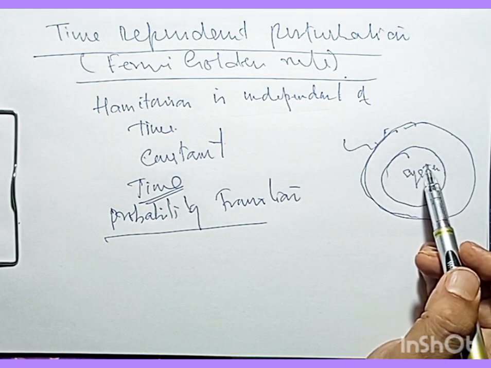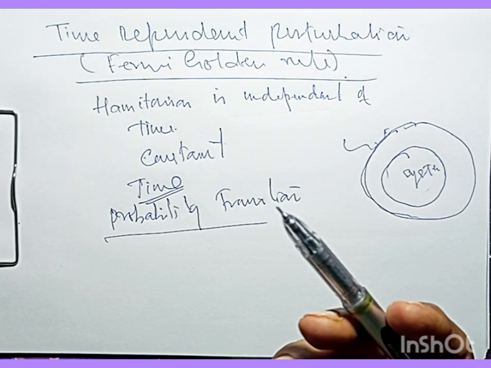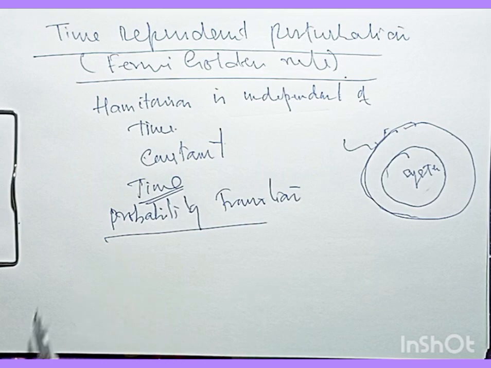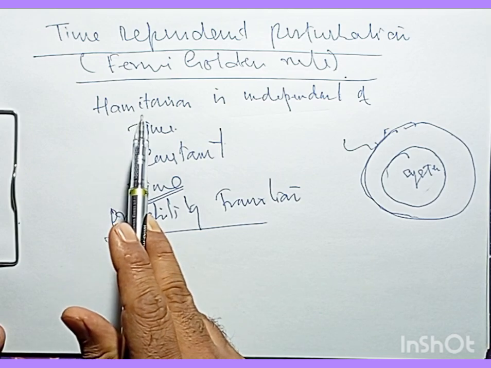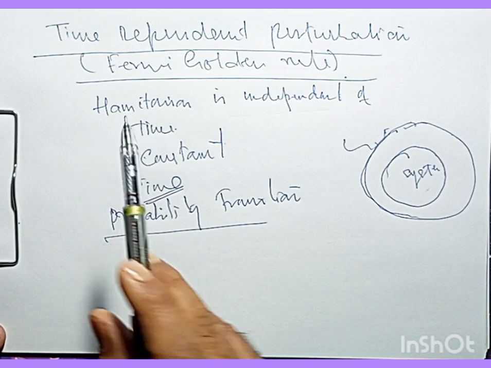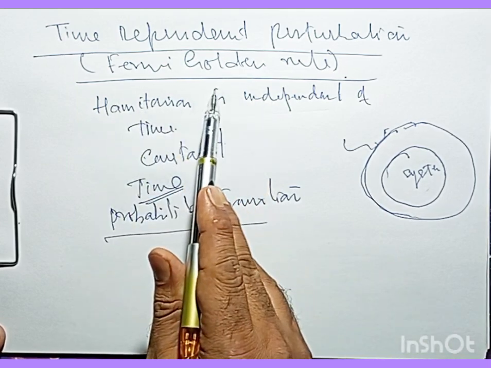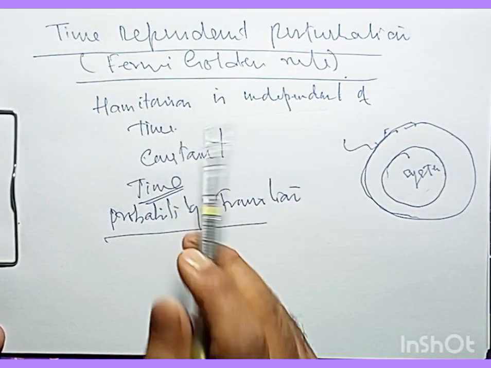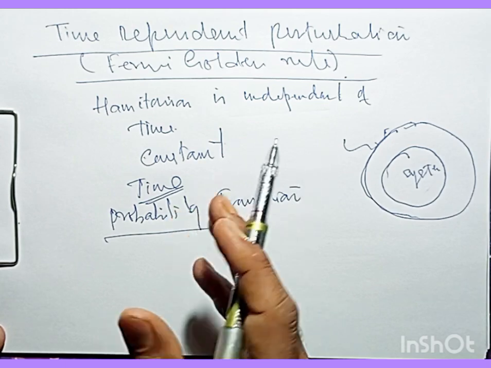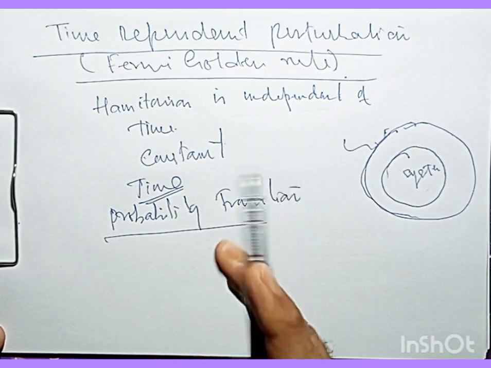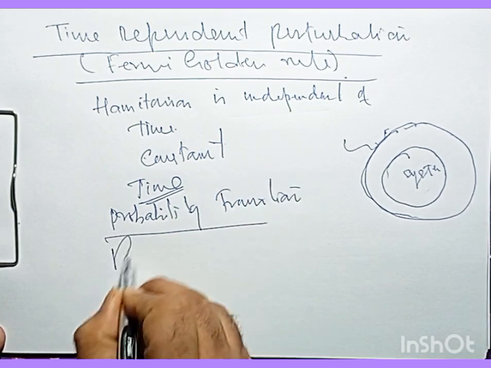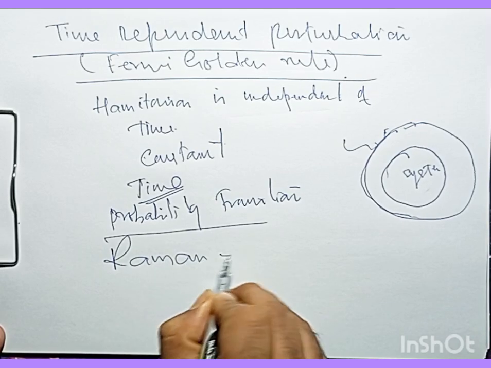A few of the results of this time-dependent perturbation theory can be managed by making use of the Fermi golden rule. And this Fermi golden rule provides the background for a quantum mechanical description of the Raman effect.